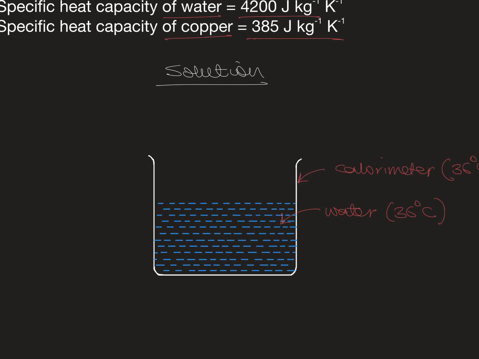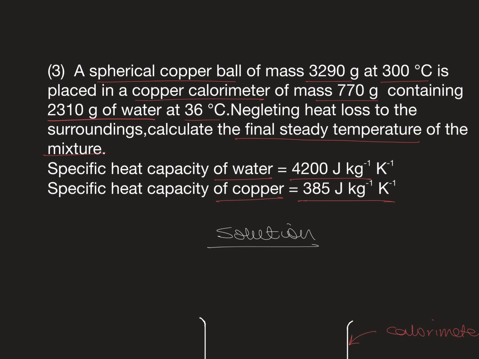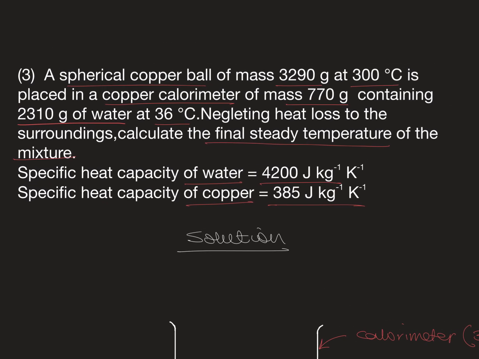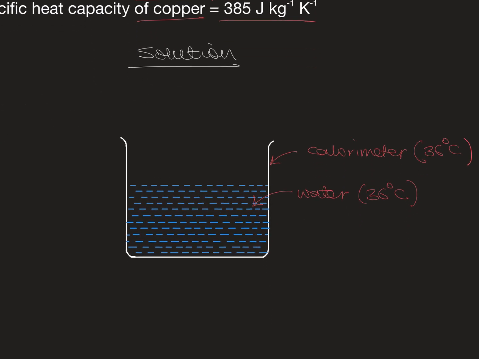So, what happens later on is that a spherical copper ball of mass 3,290 grams at 300 degrees Celsius is placed into this calorimeter. So this is the copper ball. The initial temperature is 300 degrees Celsius.